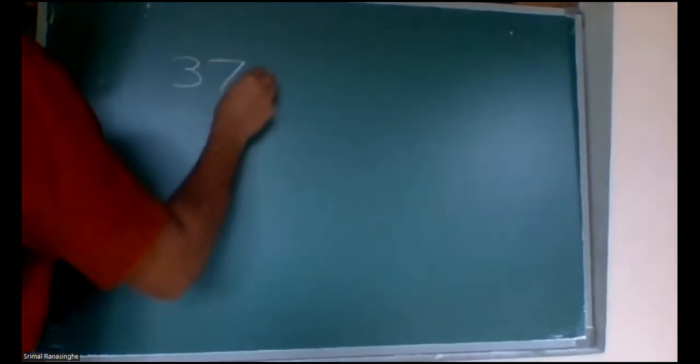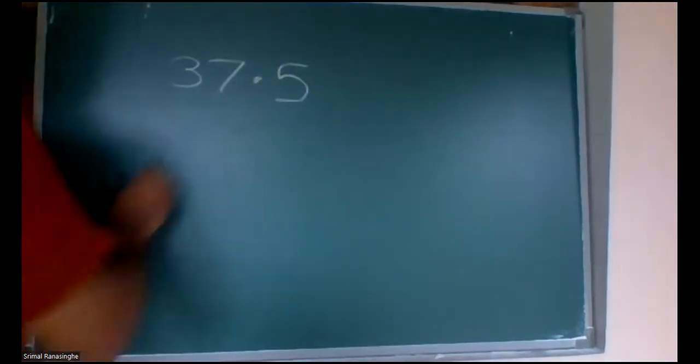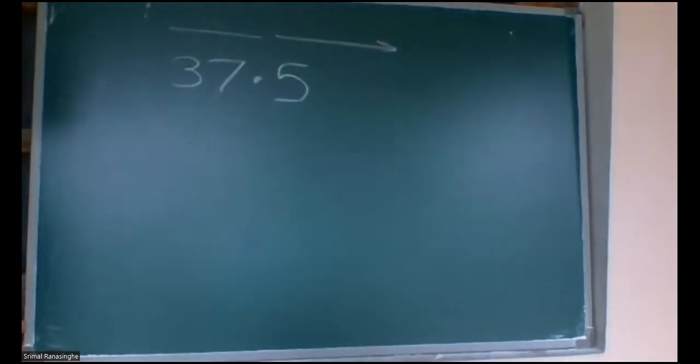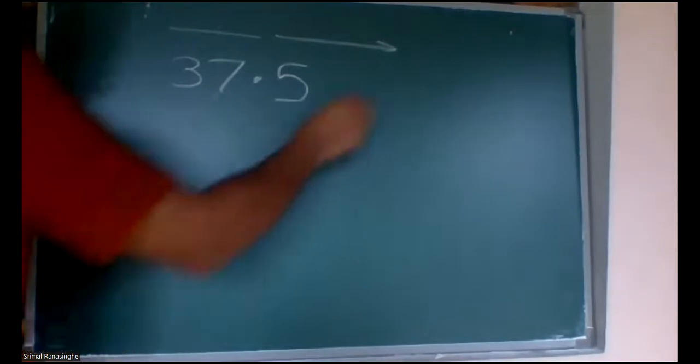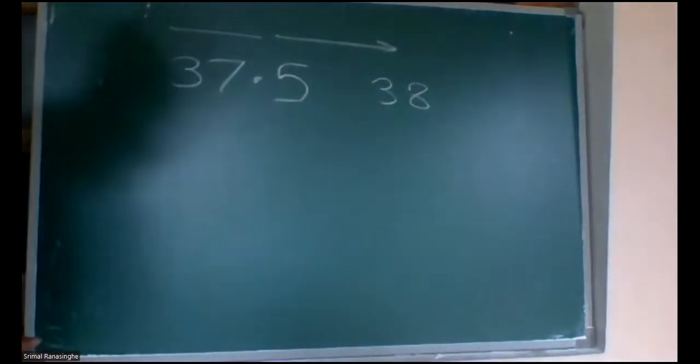Here, 37.5, nearest number. What is the answer? 38. Why? Here the decimal point is 5, right?